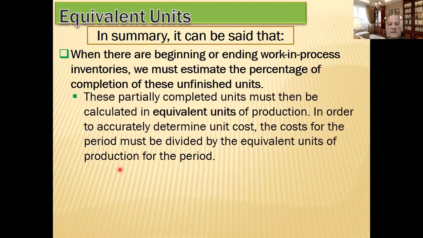These partially completed units must then be calculated in equivalent units of production. In order to accurately determine unit cost, the costs for the period must be divided by the equivalent units of production for the period.